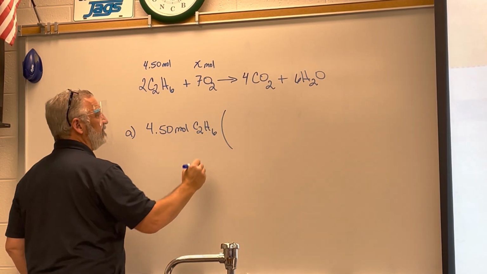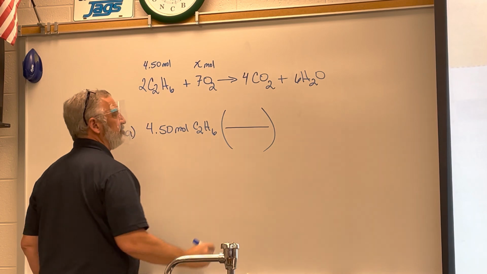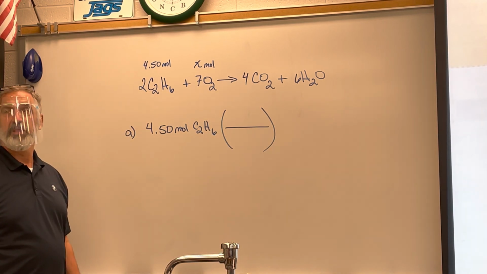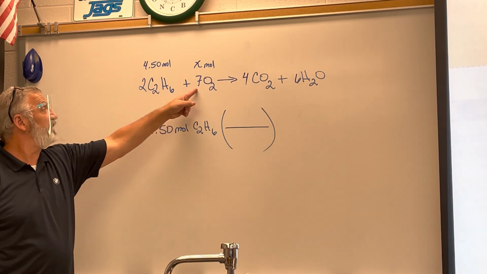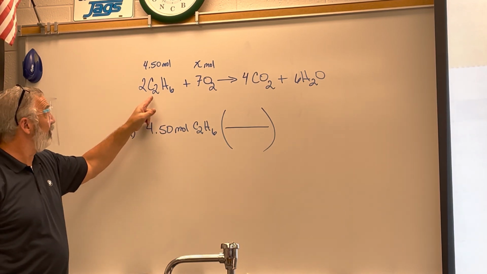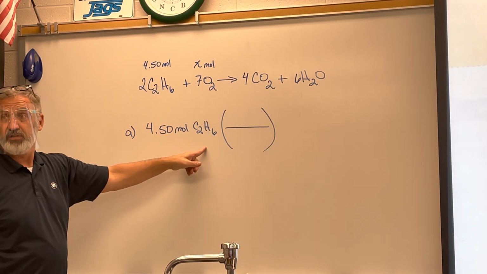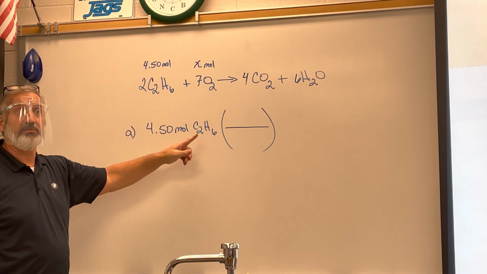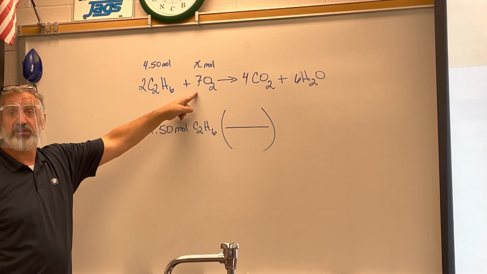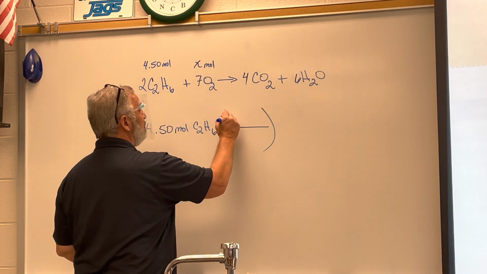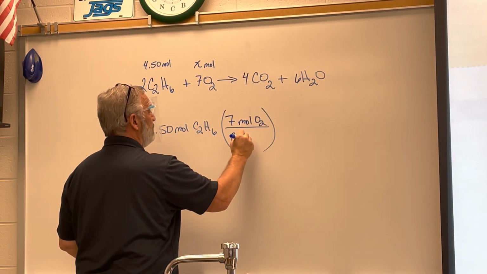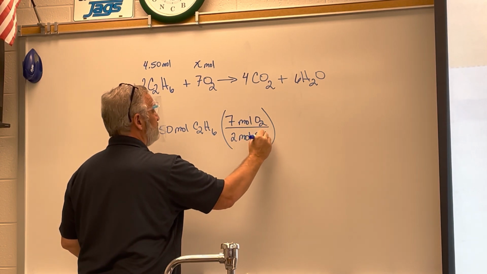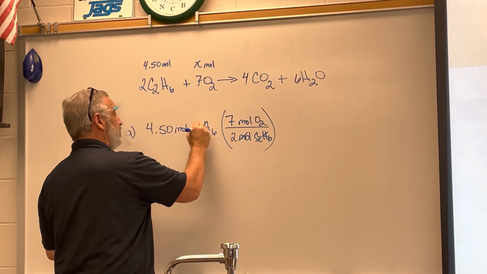What's my mole ratio? 7 to 2, right? And I always want the unknown over the known because I want moles of ethane to cancel out. So moles of ethane is going to go on the bottom, moles of oxygen is going to go on the top. So I'm going to say 7 moles of O2 for every 2 moles C2H6. Moles of C2H6 cancel.